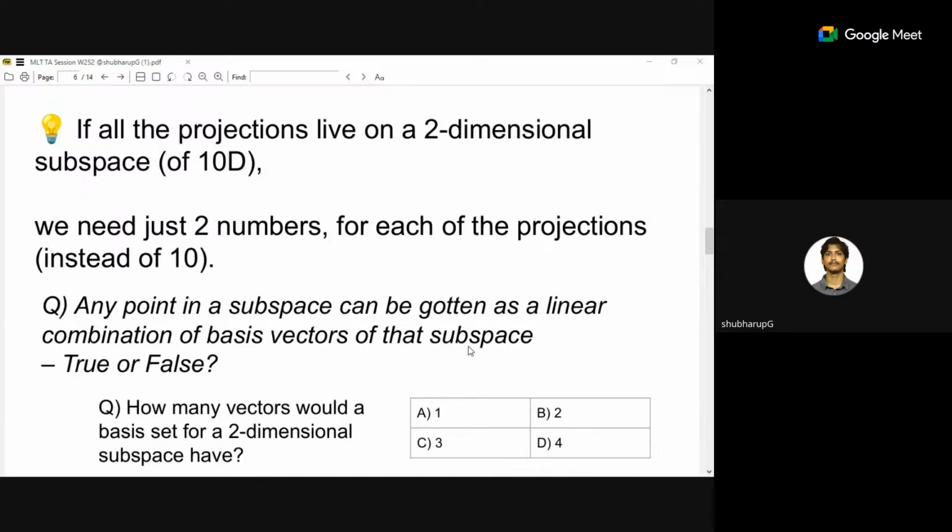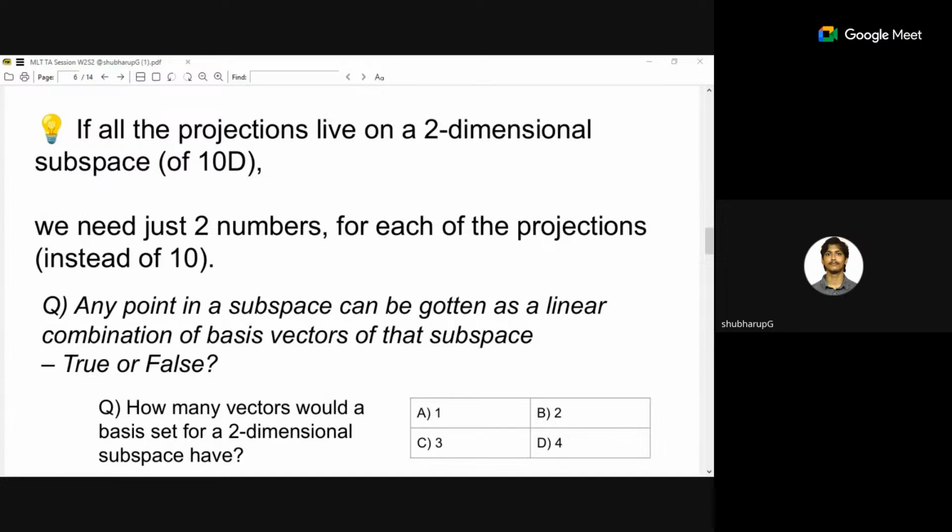The thing that comes later is when you do kernel PCA. There's this thing of recovering.